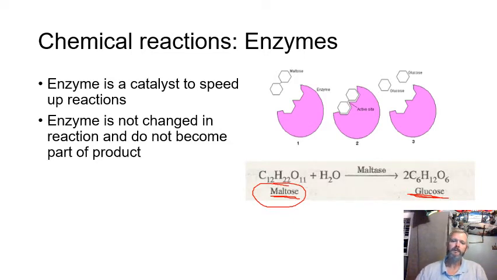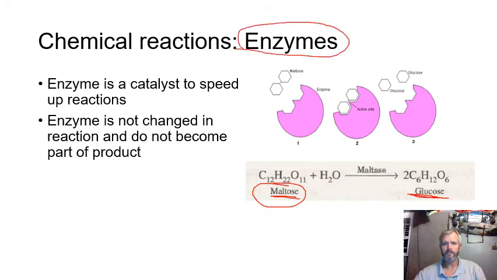So if you have maltose and water, in this equation, maltose is going to stay together. 300 years later, you can come back and most of the maltose is still going to be maltose. It's not going to convert to glucose. So how can we make this take place? There are enzymes, and we're going to spend a lot of time talking about enzymes.